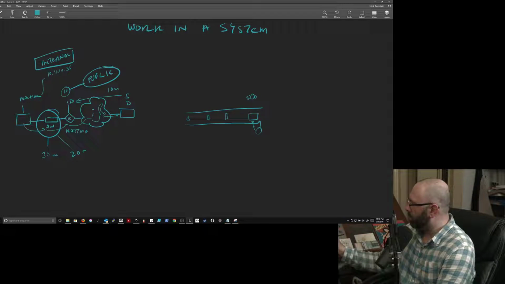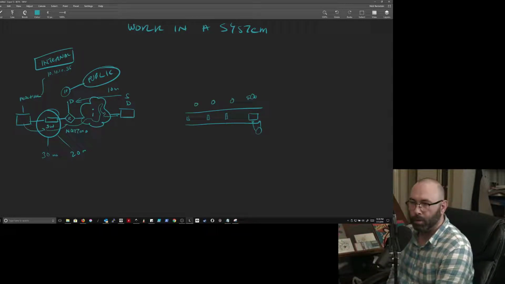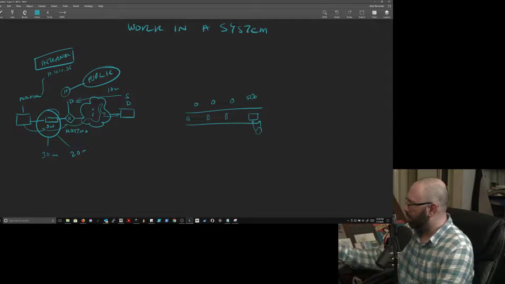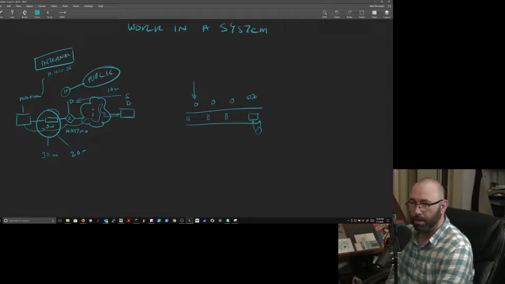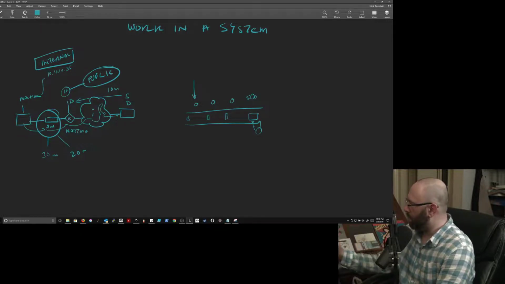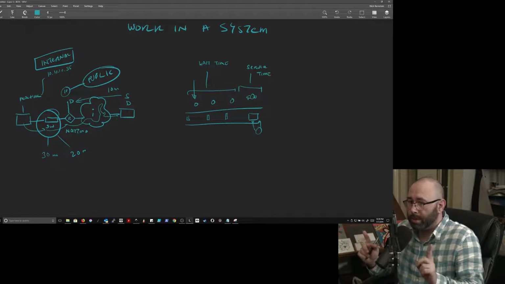And then you have these other, let's say, three people in line. If this is the unit of work that we're looking at, we are looking at the wait time, and then we are looking at the service time, which are two completely separate things.